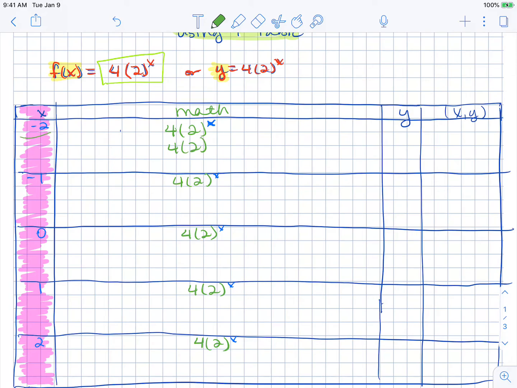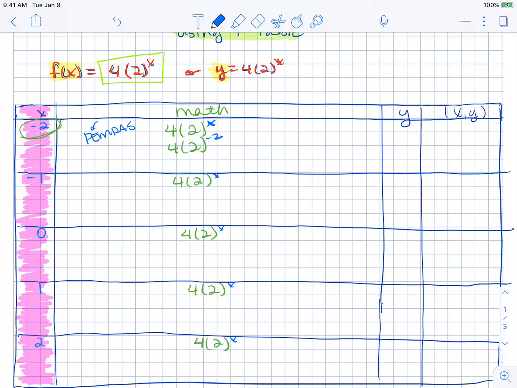So I'm going to take my 4 times 2, and plug in this x, which is going to be negative 2. I'm going to use my order of operations, please excuse my dear Aunt Sally, and ask: do I have any math inside parentheses? I don't, I just have a number. Then I go to my exponents, and I have an exponent of negative 2.